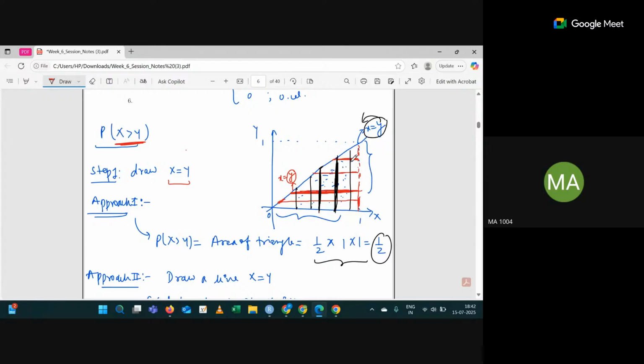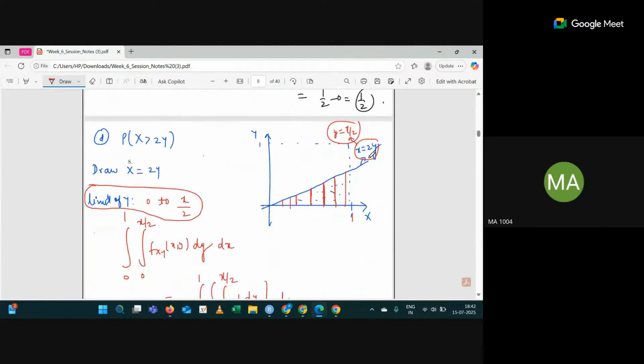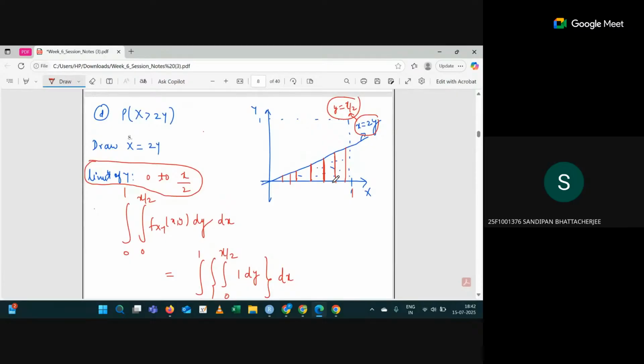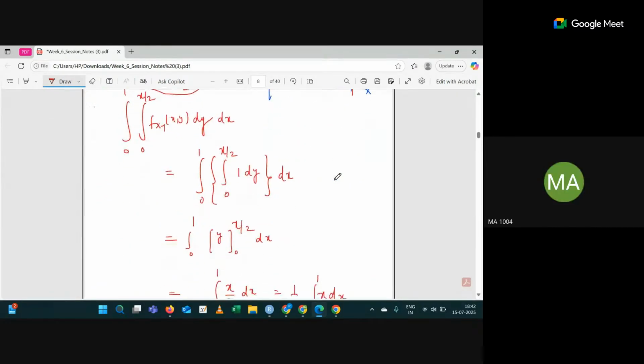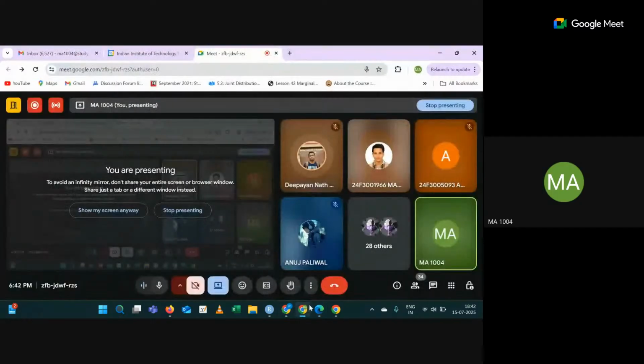But that should be 0 to half, right? That's what I'm saying. Just think a bit. What should be the limit? Just take the lower limits and upper limits and substitute in x greater than 2y, then you will get the limits. If you still are not getting it, we will solve this.